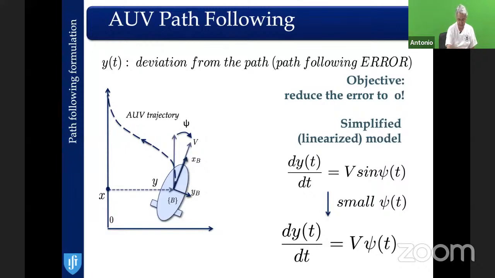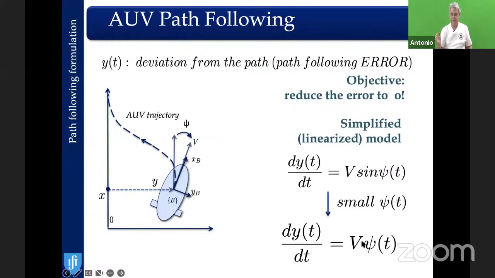So let's assume that it starts off, but the deviation is not very big. That's a fundamental assumption for linearization. In this case, if I write psi in radians, then psi and sine of psi are approximately the same. So you get the derivative of y is equal to v psi.